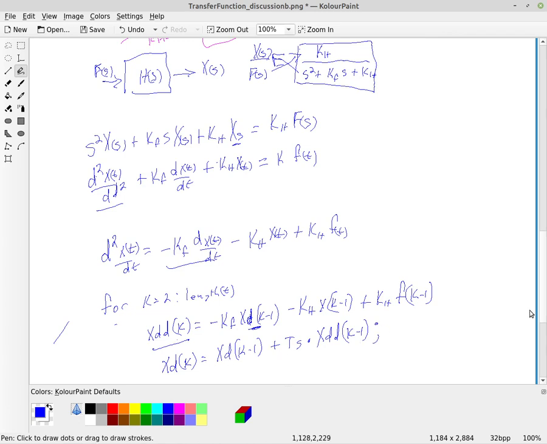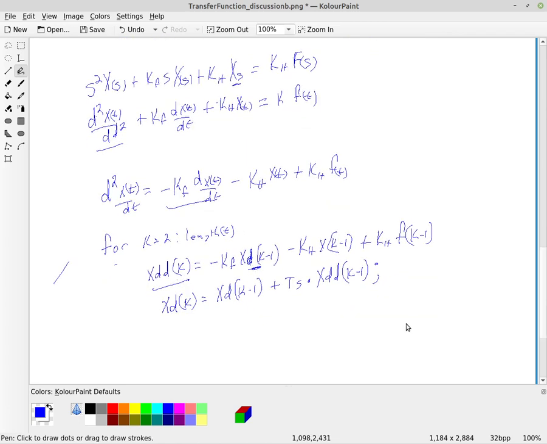That would give us the velocity term, and then we would calculate the position term. X at time k would be x of k minus 1 plus the time step times the first derivative, x dot at time k minus 1. They're just using simple Euler's integration. So these are my integration pieces, and then of course we would end the for loop.